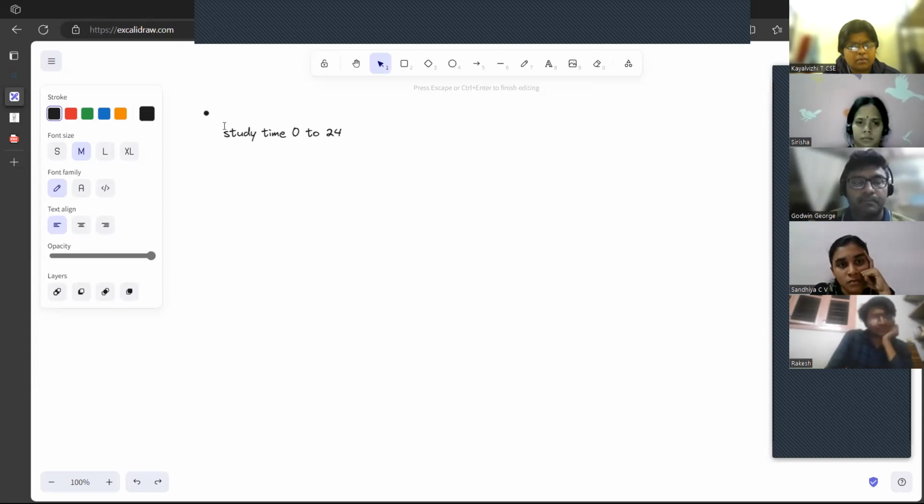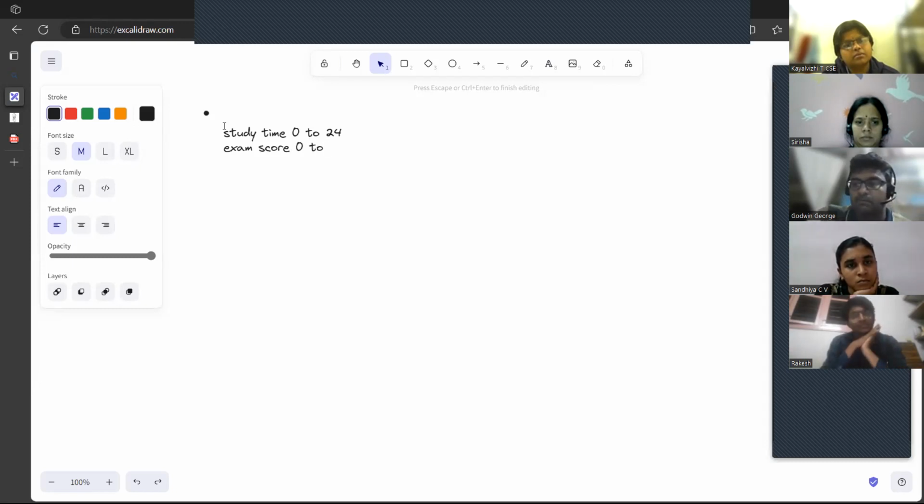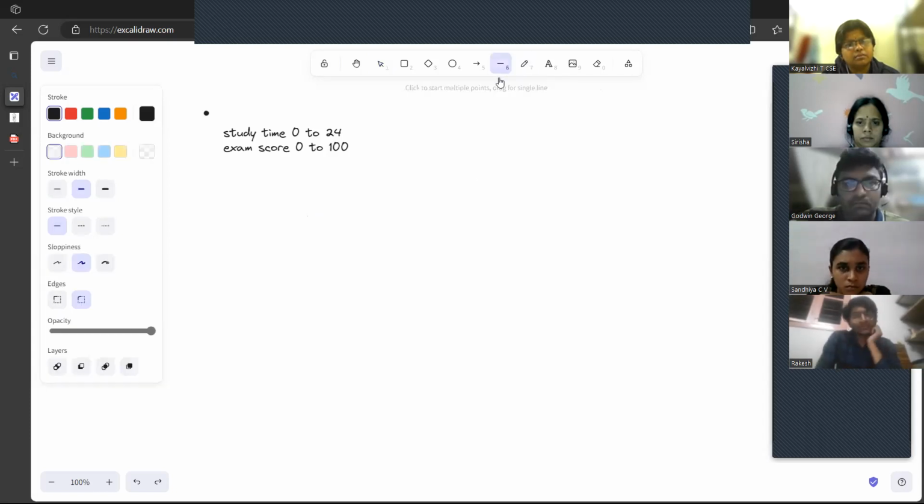Based on the time they are spending, they score a mark in exams. We consider that as a variable, exam score. It ranges from 0% to 100%. So we are given these data points as a data set, and when we plot these data points in a coordinate system, it would be something like this. So let me draw a line.